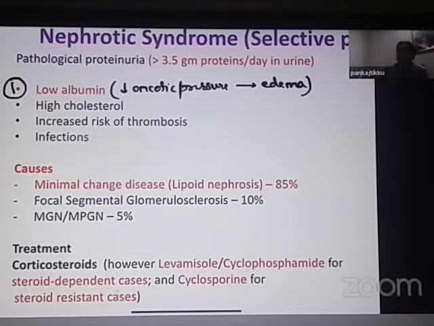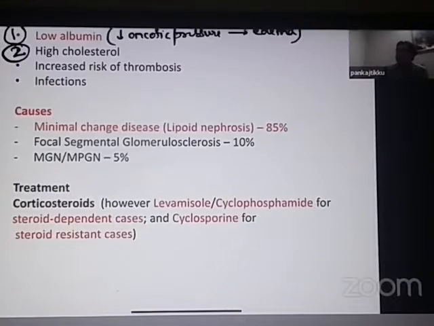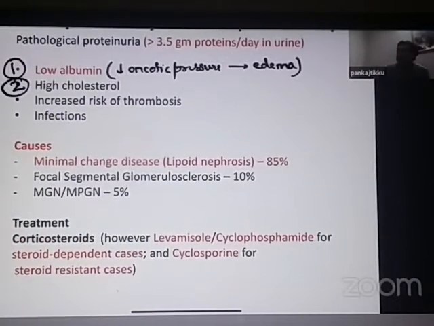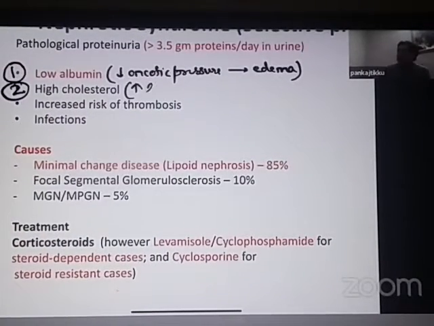The second important feature of nephrotic syndrome in children is high cholesterol levels. This is primarily because of increased lipoprotein synthesis by the liver.